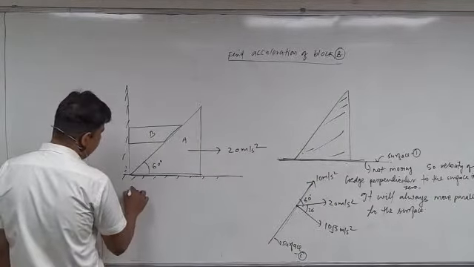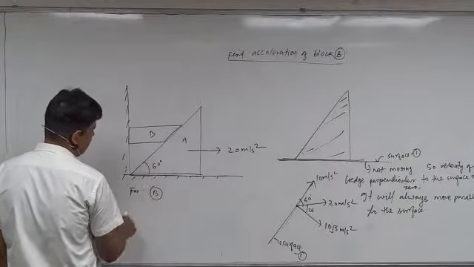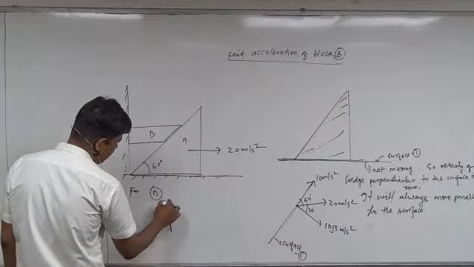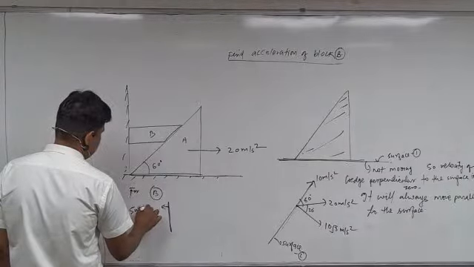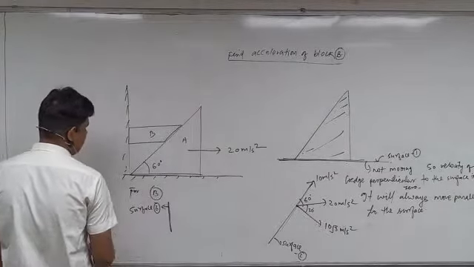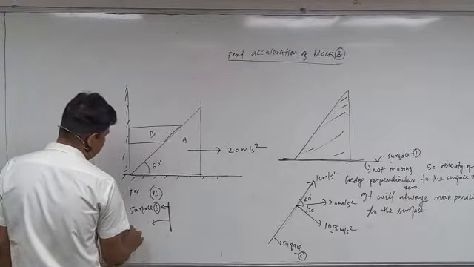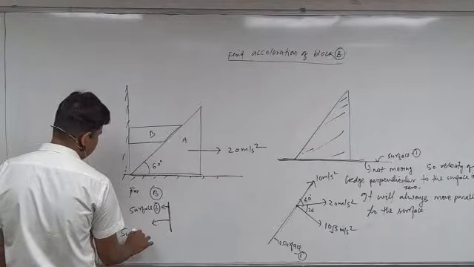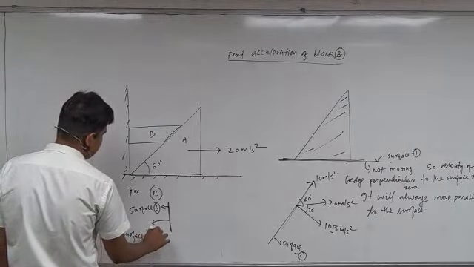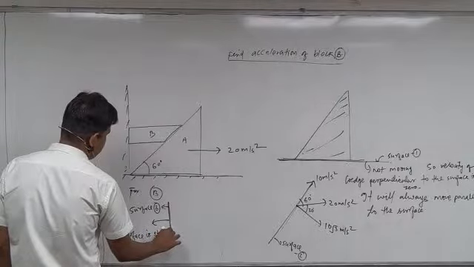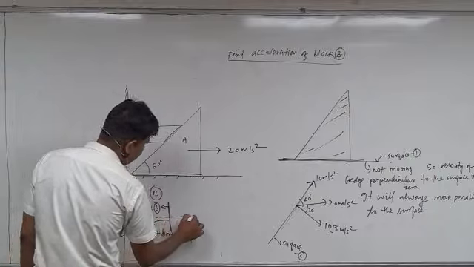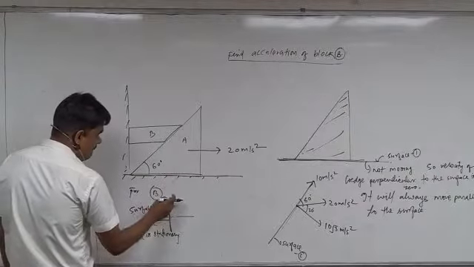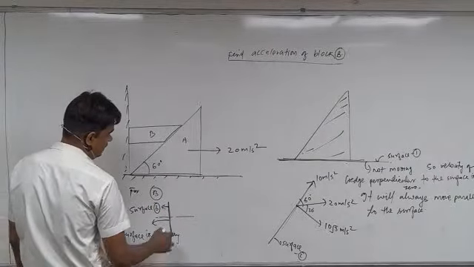Now for B, if I draw for B, this is one surface, surface 3. This surface is stationary. So block must move along this surface.